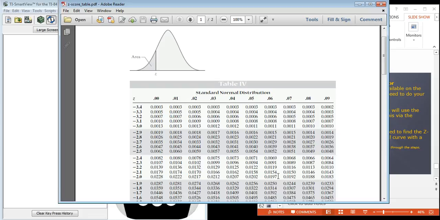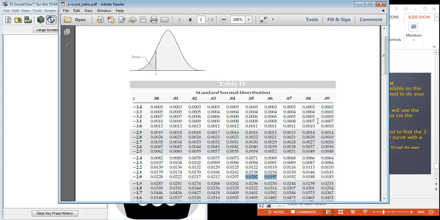We found that it was actually not on the table, but there was a 0.0197, and then we found 0.0202. That was associated with the z-scores of negative 2.05 and negative 2.06. So it was somewhere in between, and we just had to guesstimate where that would be.